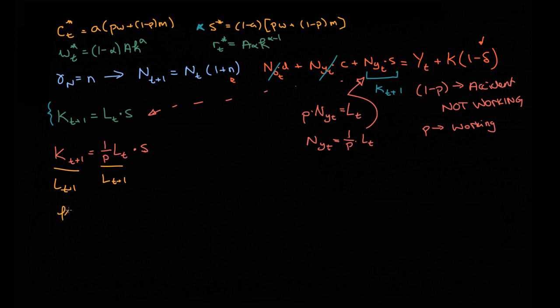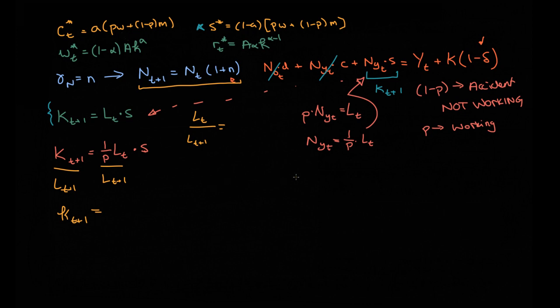Okay, so on the left we get k_{t+1} is equal to, and so think about what to do with this. L is a group of people, and L_{t+1} is a group of people, and it's growing. It's a part of the population. And we don't have any reason to think that this part of the population grows at a different rate than other parts of the population. So we could just replace these N's with L's.